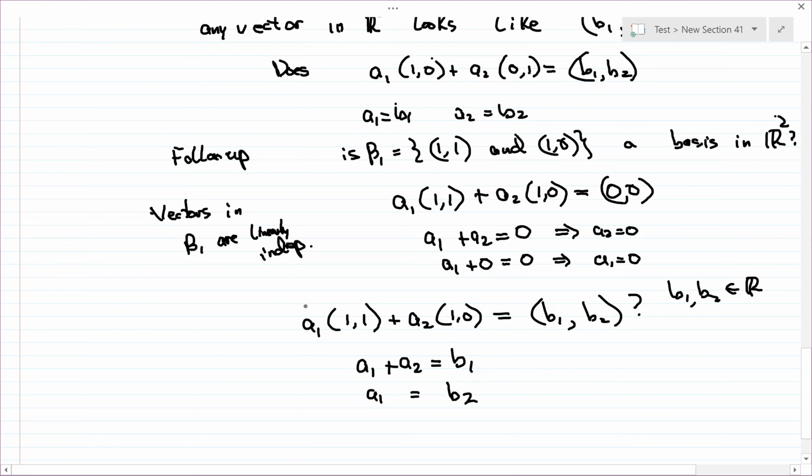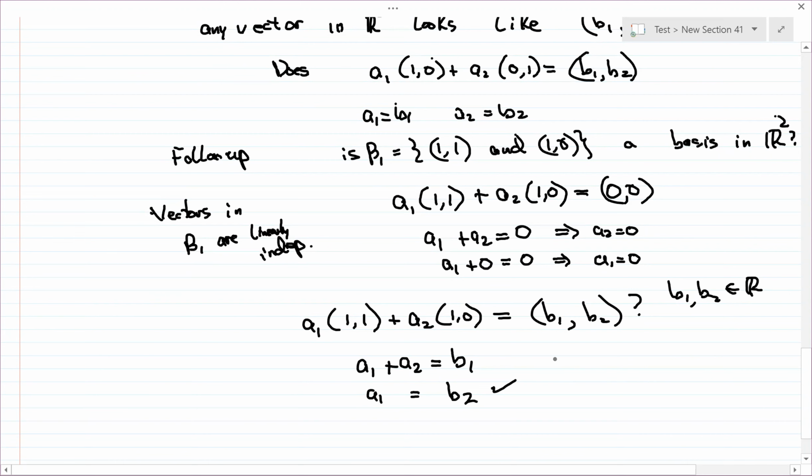I'm checking now that I can get any vector in R2 by doing a linear combination of the two vectors in the beta 1 set. Well, okay, so this second equation tells us what we have to pick A1 to be. A1 would have to be equal to B2. And if A1 is B2, you can substitute that up in here.